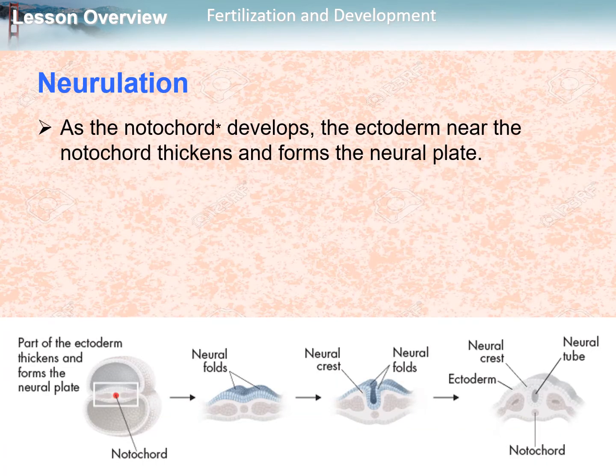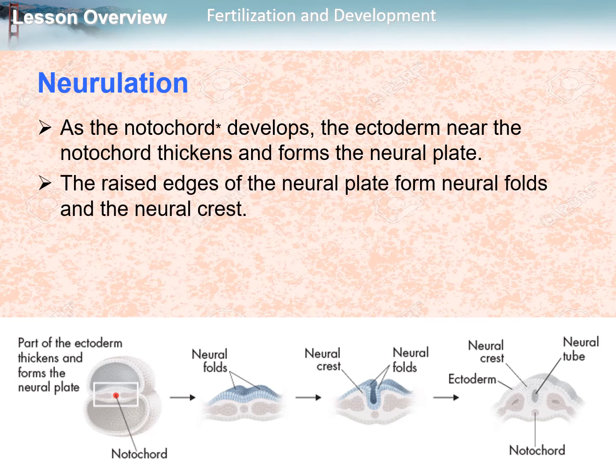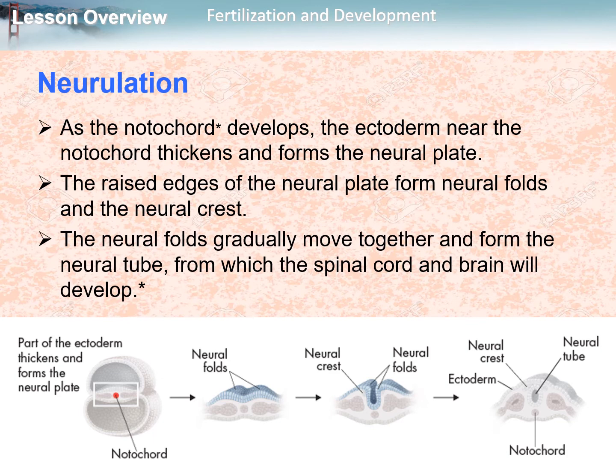As the notochord develops, the ectoderm near the notochord thickens and forms the neural plate. The raised edges of the neural plate form the neural folds and then the neural crests. The neural folds gradually move together and form a neural tube from which the spinal cord and brain will develop.